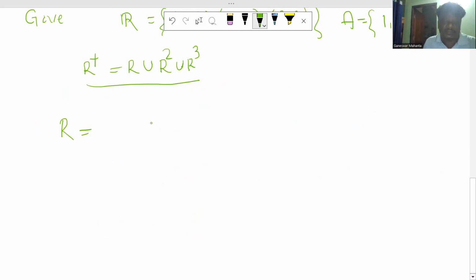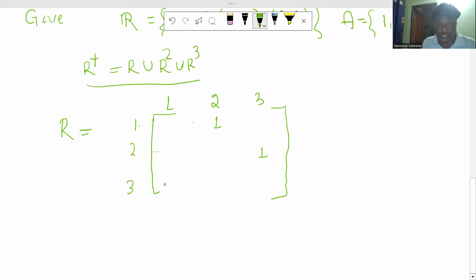First of all, we define R in matrix form, with rows and columns 1, 2, 3. For the relation (1,2), we put 1 there. For (2,3), we put 1. For (3,1), we put 1.